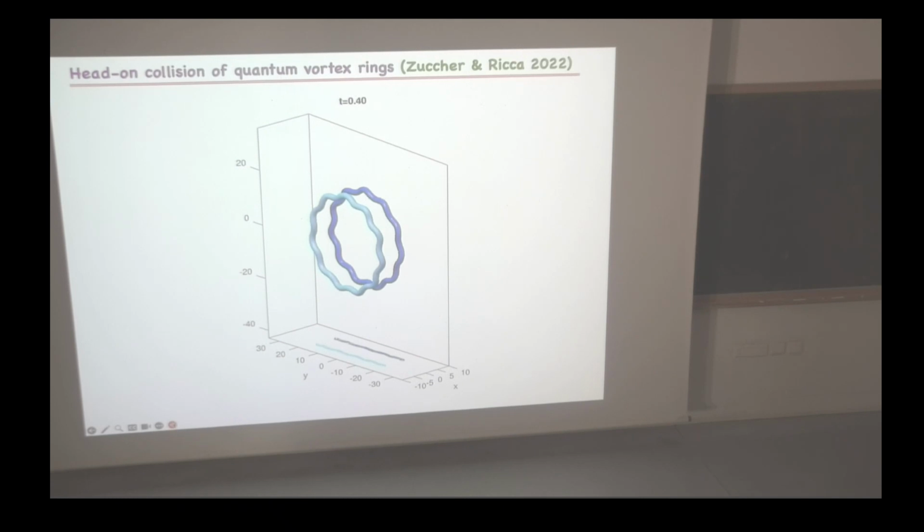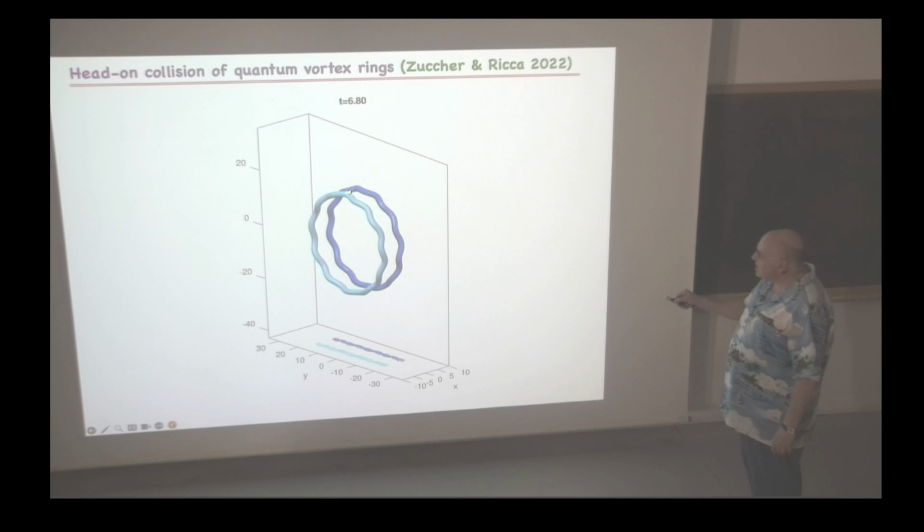I think this is a very slow movie. Yeah, it's moving, but not so much. We have to be a little bit patient here. And you see it's deformed, and at a certain point, the two strands get closer because of the binormal flow due to curvature.